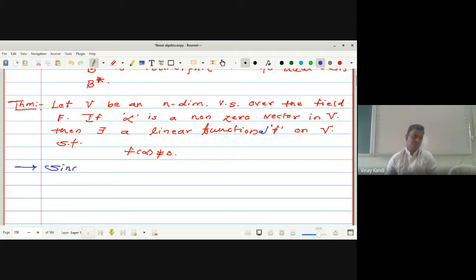Now, proof. Since alpha is not equal to 0, which is given to us, the singleton non-zero vector is linearly dependent or independent?